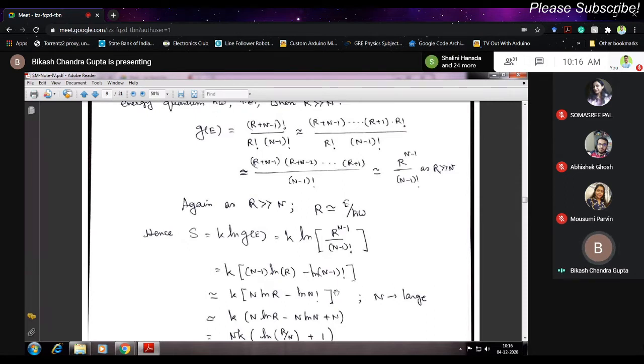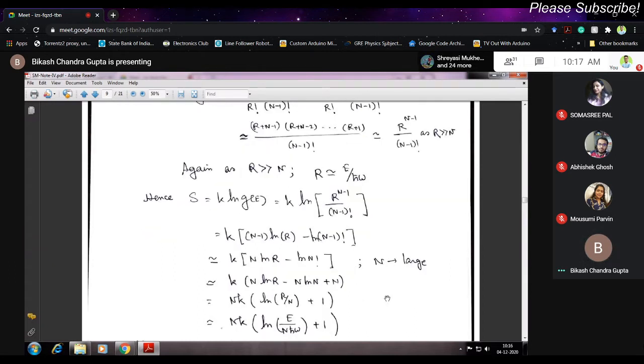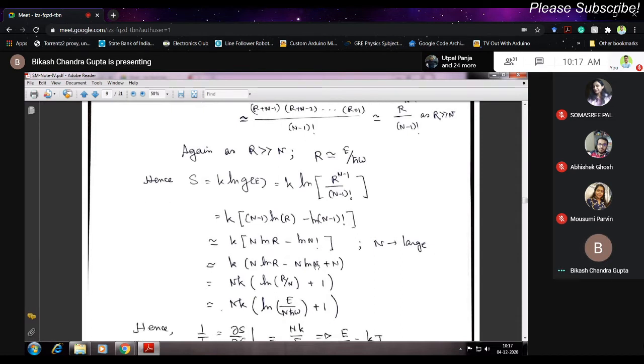These are the steps you can simply follow, right? Nothing to explain here. And again, n is large, but r is very large compared to n. So here you can neglect one, and here you can neglect one, n ln r minus ln n factorial, and you can use the Stirling approximation, and it turns out to be like this.